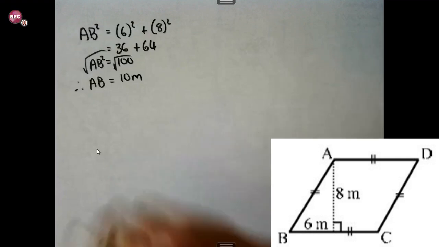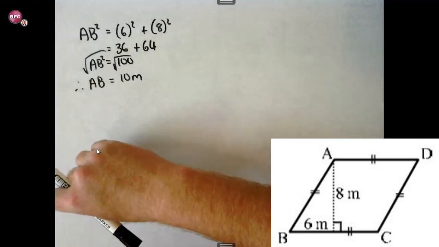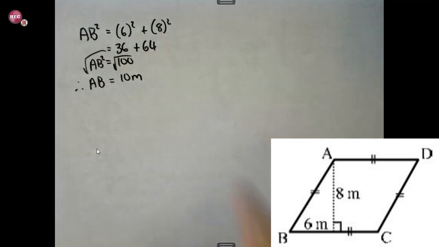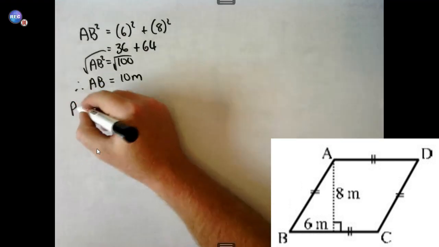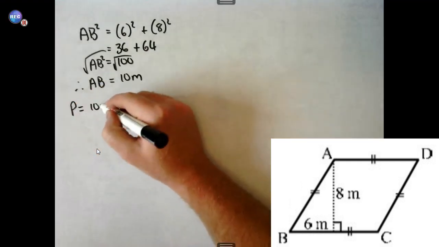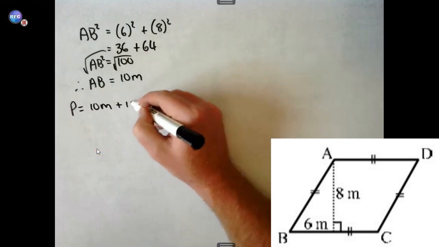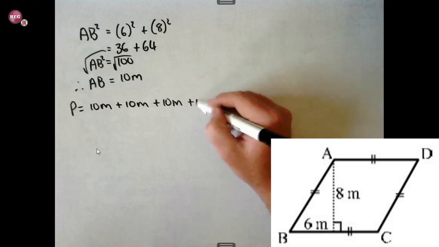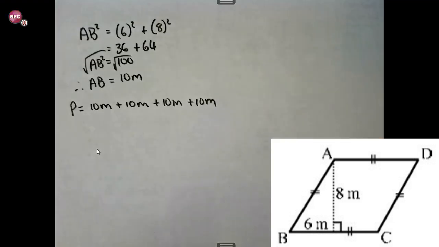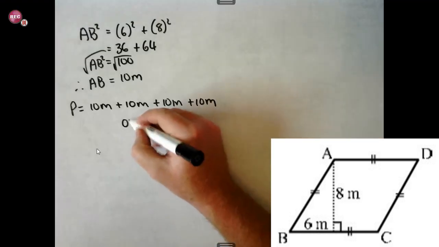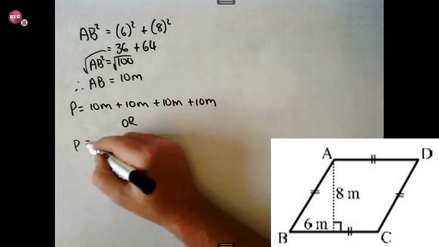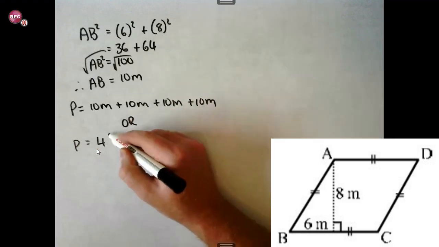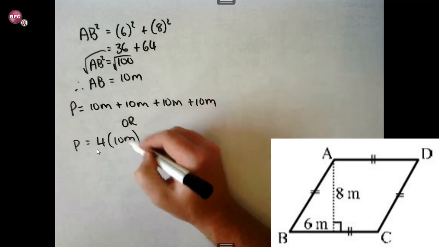So, because the hypotenuse is 10, it means that all the sides of the rhombus are equal to 10. So when we do the perimeter of the rhombus, it's going to be 10 meters plus 10 meters plus another 10 meters plus 10 meters, or you could simply say perimeter is equal to 4 times 10 meters.